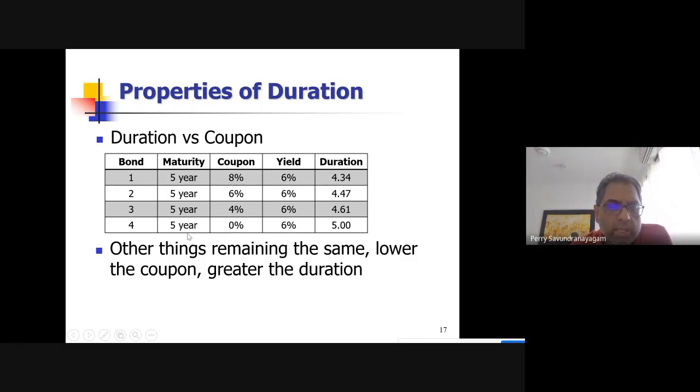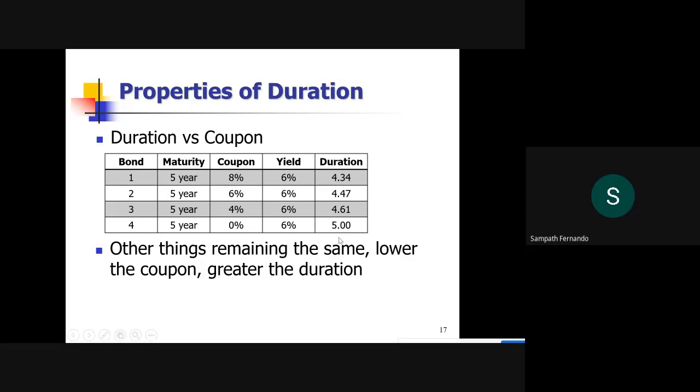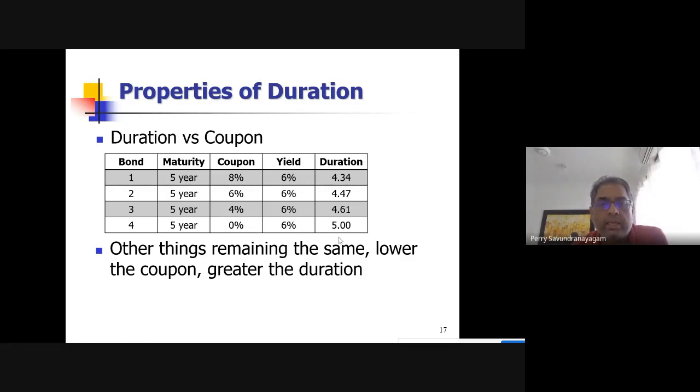You buy the bond today, 5 years to maturity, tomorrow it goes down from 6% to 5%. How much of a change has there been then? If the yield on the bond goes from 6 to 5, how much of a change is that? 1%. Is it 1% per annum?